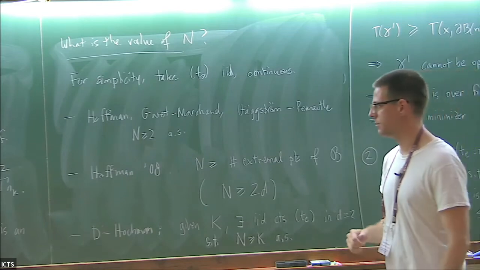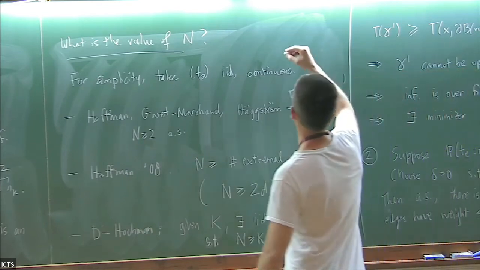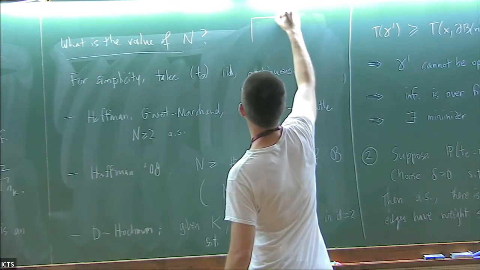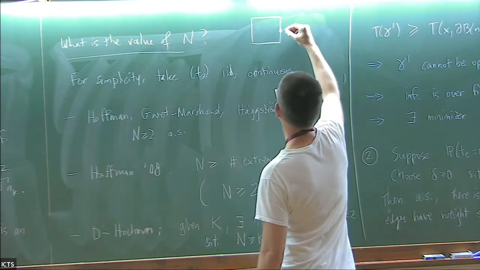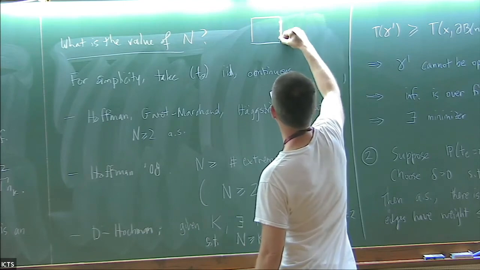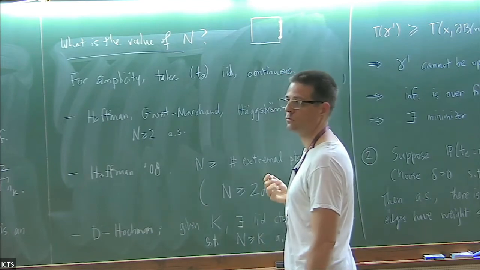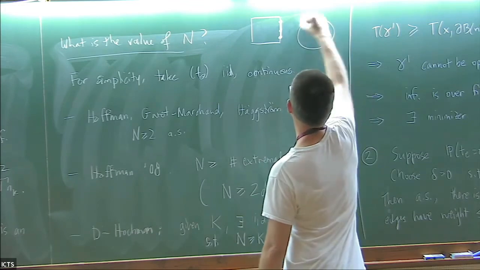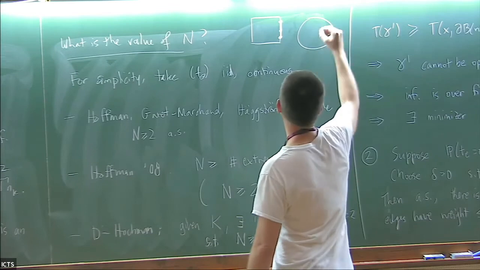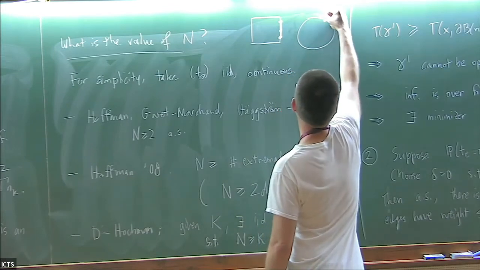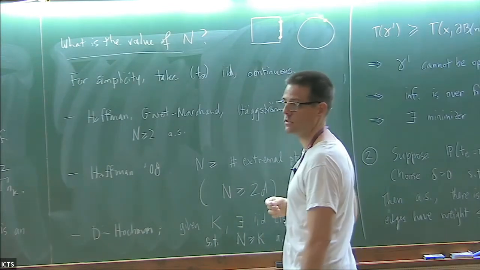If you look at the square convex set and look at this point here, well, it's in the interior of this line segment, so not an extremal point. But if you look at the circle, every boundary point is an extremal point. Because if it's in the interior of a line segment, at least one of the 2 points has to be outside the convex set.